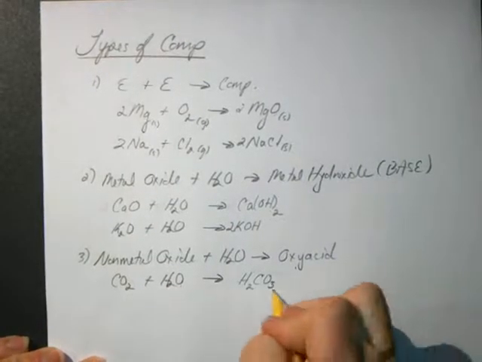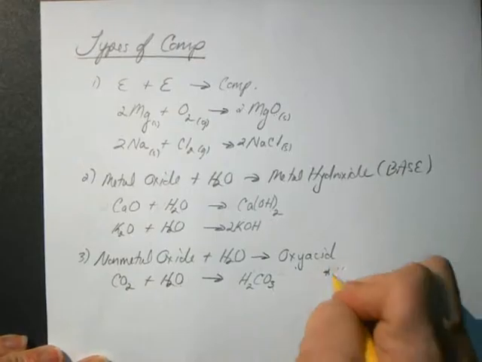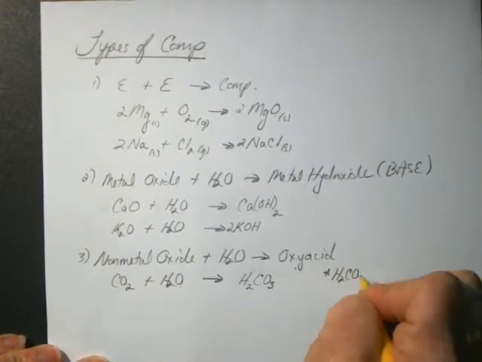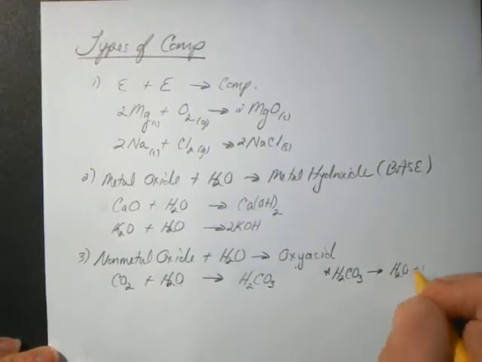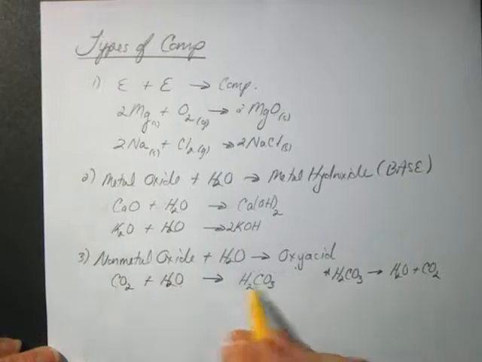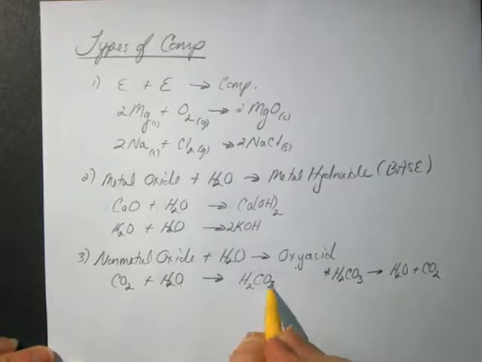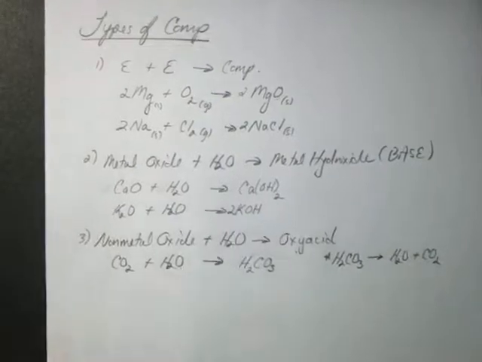Now, something worth mentioning, whenever carbonic acid is formed, it is incredibly unstable. Pretty much immediately decomposes into H2O and CO2. So as we're making it, it will recreate the reactants pretty quickly.